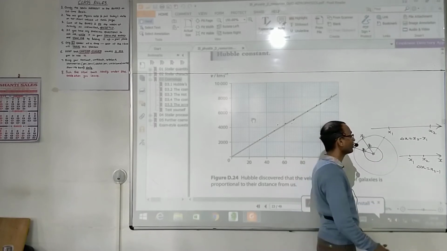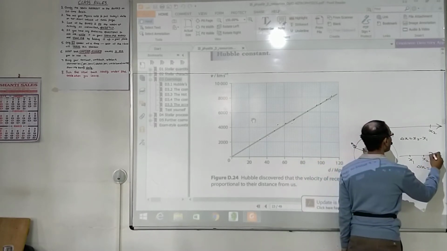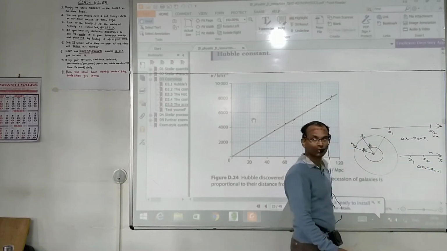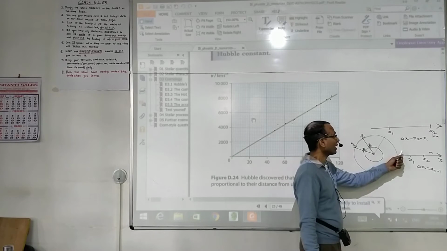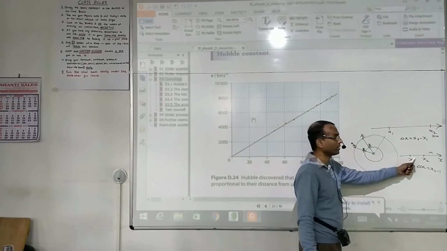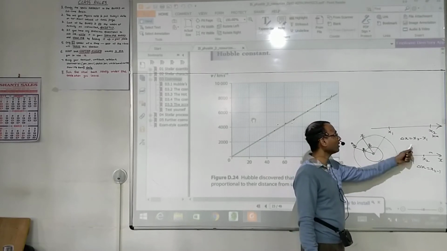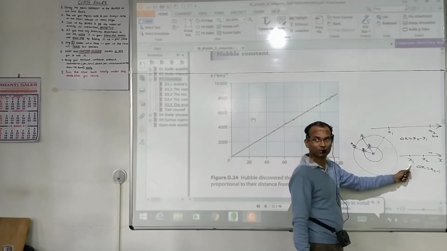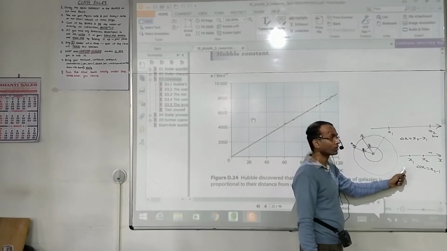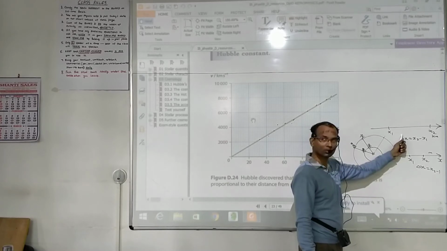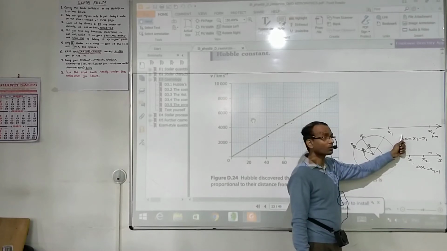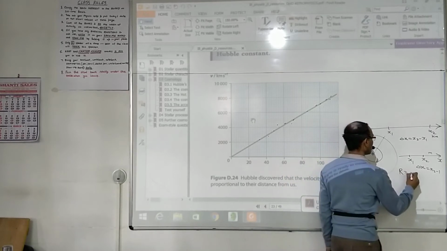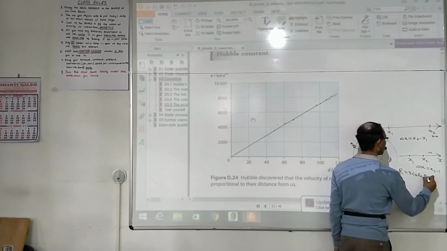It's like saying this is a meter scale and this is a kilometer scale. So the actual distance is 1000 times bigger. Here it is 1 meter, here it is 1 kilometer. So this multiplication factor of 1000 came into the picture here. That is called the scale factor. So R is the scale factor.